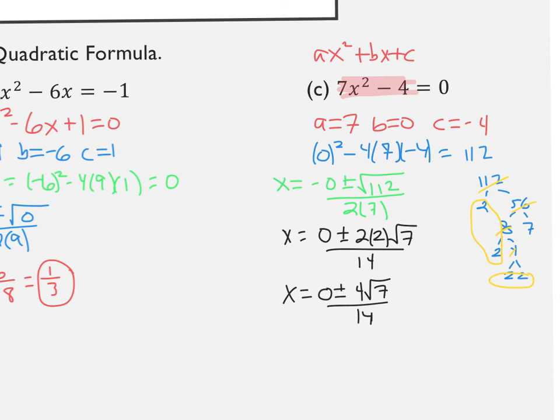So now we ask ourselves, I have a 4 outside the radical and a 14 in the denominator. Is there something we can divide those two numbers by? We can divide them both by 2. So we'll have plus or minus 2 square root of 7 over 7. The end.